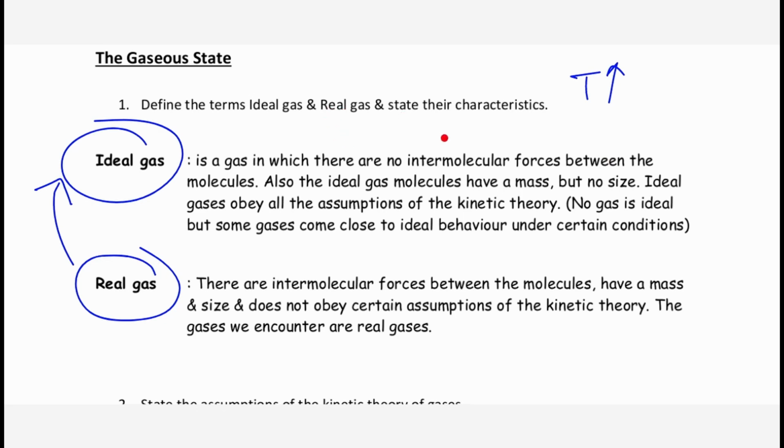It will be as if there are no intermolecular attractions, because the vibrations are so fast.